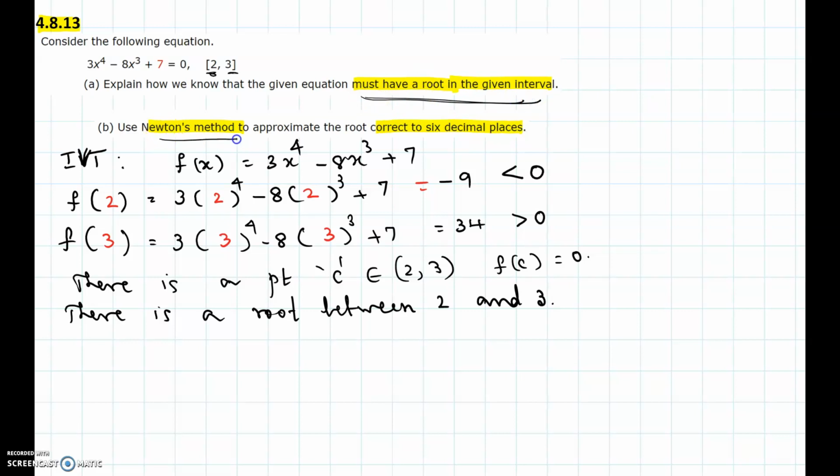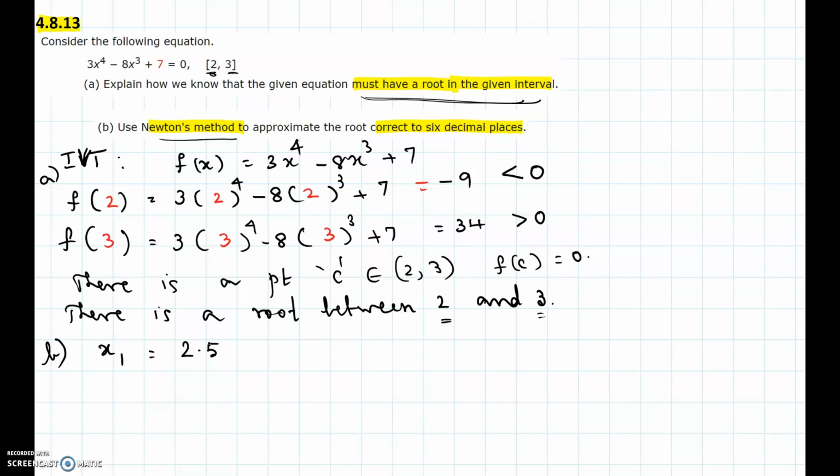The next part is to use Newton's method to approximate the root. So this was the first part of the problem, and for the second part, we have to assume the first approximation. Because the root lies between 2 and 3, we can take the first approximation to be somewhere between 2 and 3, which is 2.5.